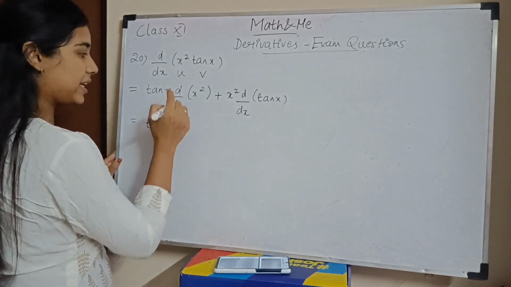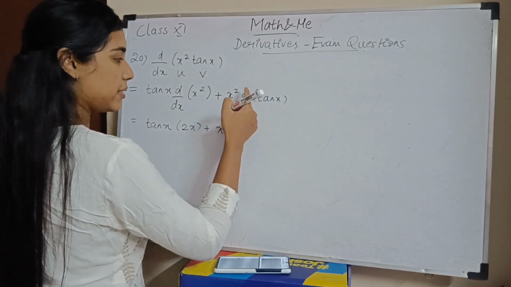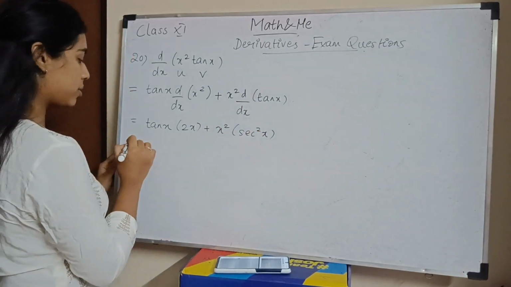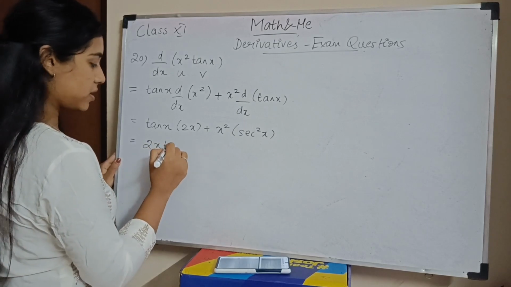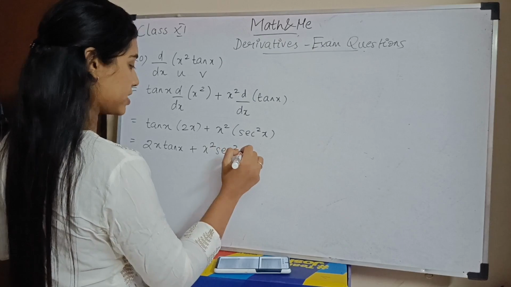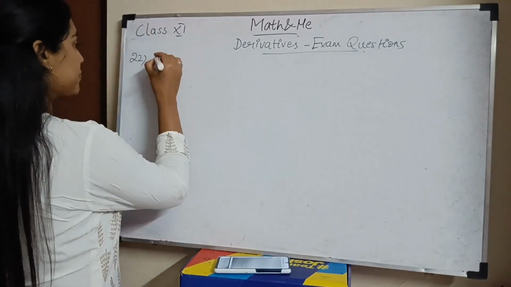So tan x, d by dx of x square is 2x, plus x square times d by dx of tan x, which is secant square x. Okay, you have to remember all the derivatives. So this becomes 2x tan x plus x square secant square x. That's your answer. Okay. Next question.